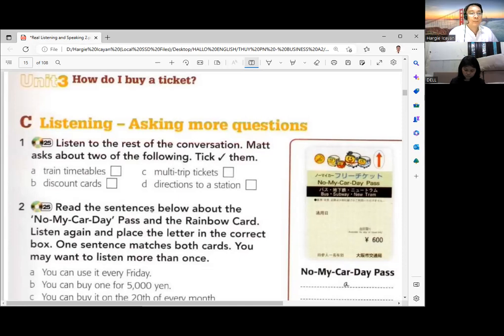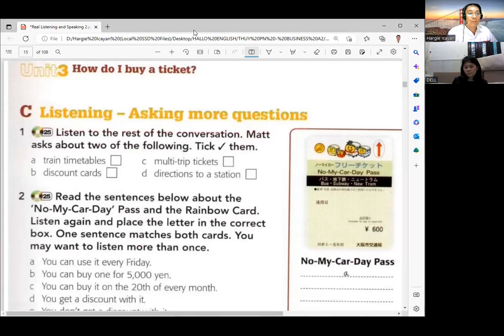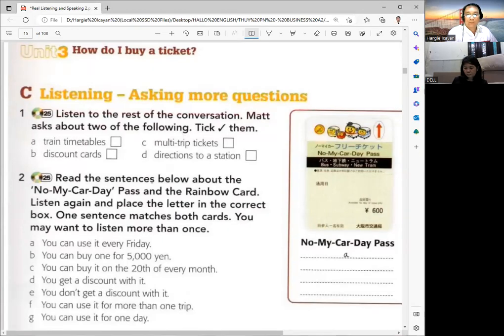Okay. So that, for example, on Monday, you can buy 5,000 yen rainbow card. So, how long can I use a 5,000 yen card for? But it depends on where you go on the train. Okay. So, will the money come off the card? Yes. So, how does it work with the ticket machine at the gate? The same as a normal ticket? Yes, exactly the same. Okay. Thank you very much. You're welcome.